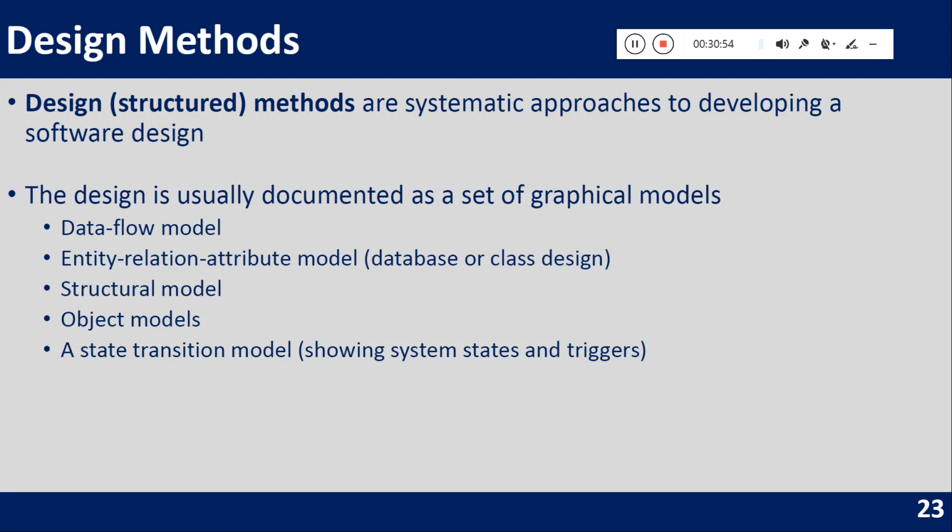So maybe it's a data flow model from the data's perspective, the entity relationship attribute model, the structural model, the object model, and the state transition model. Yeah, I can see the meaning: the design is documented as a set of graphical models.